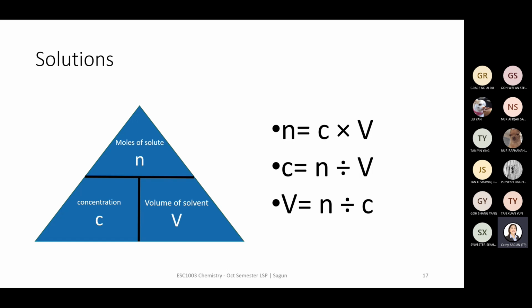And if I ask you to get the concentration, then N is on top, V is at the bottom, so you know that you have to divide the number of moles by the volume in liter. And if I give you the number of moles and the concentration and ask you to get the volume, then V is here, so the formula will be N divided by C. Okay?